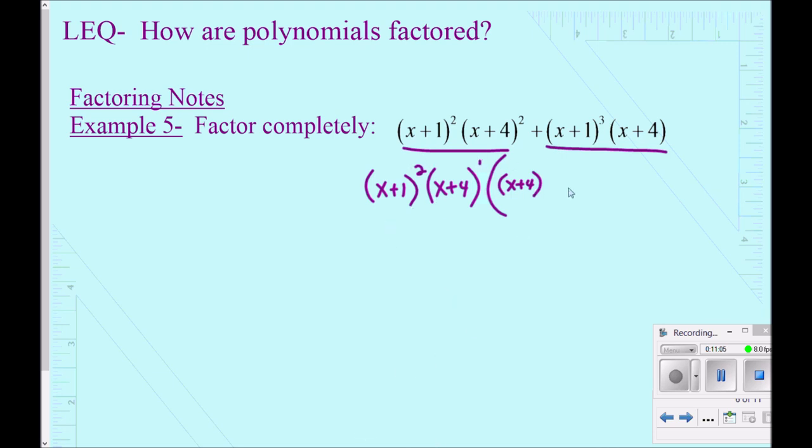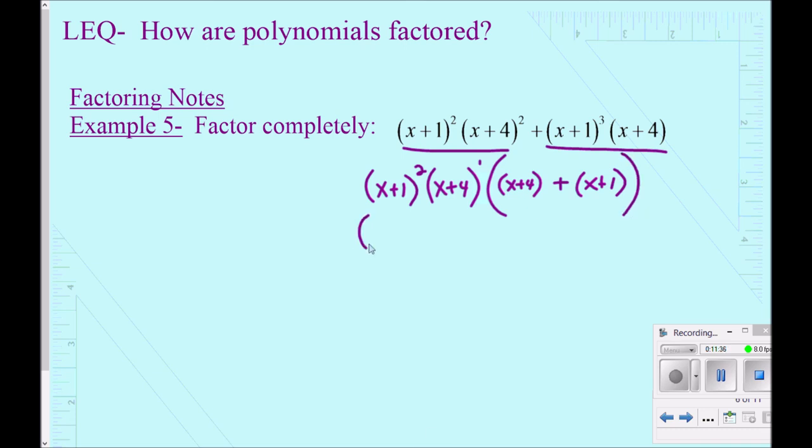So I'm ready to move on to the plus sign. Now I'm focusing on the second underlined part. I have x plus 1 squared, and I need x plus 1 cubed, which means I need an additional x plus 1 to the first power, because x plus 1 squared times x plus 1 would give me x plus 1 cubed. That's all I need, so I don't need to add an additional x plus 4. So I'm ready to end my parentheses.